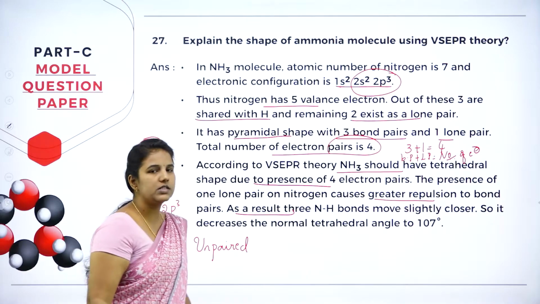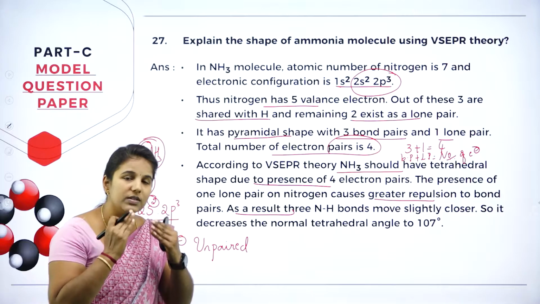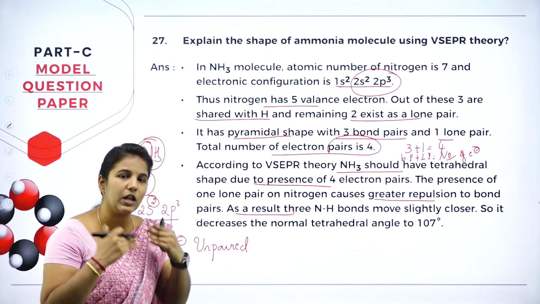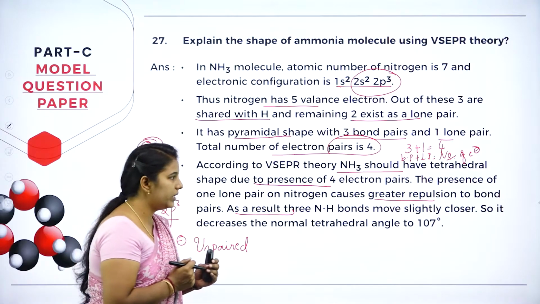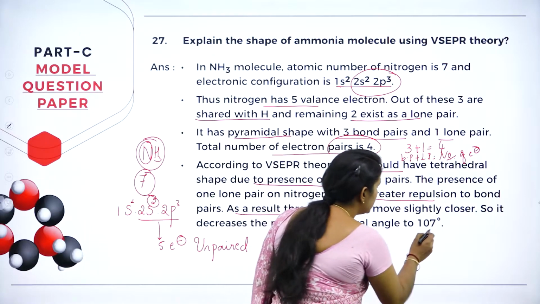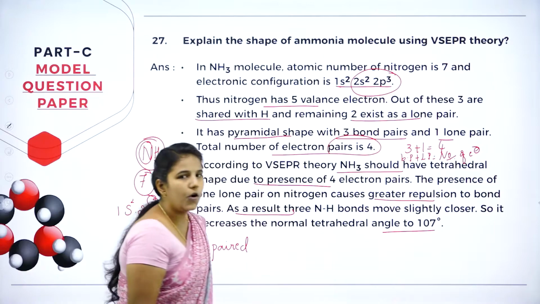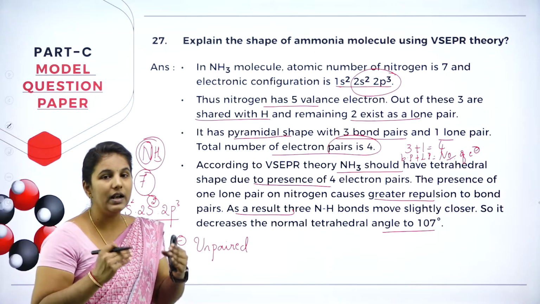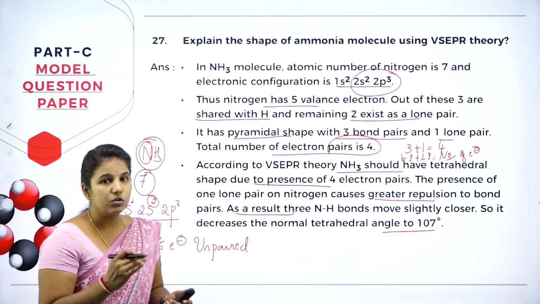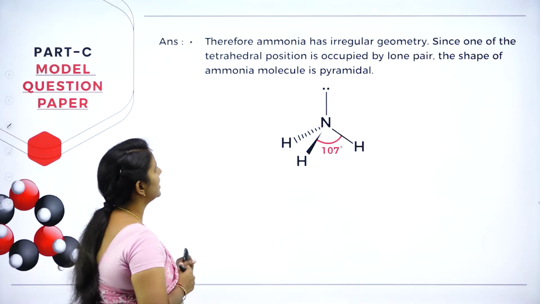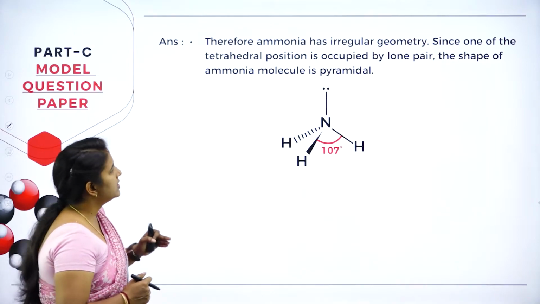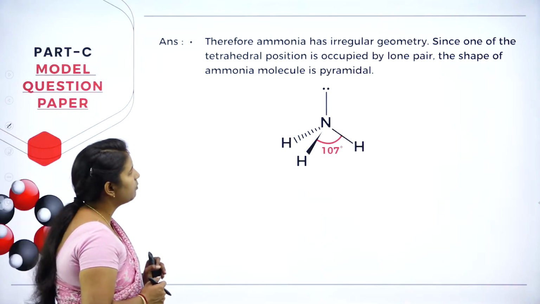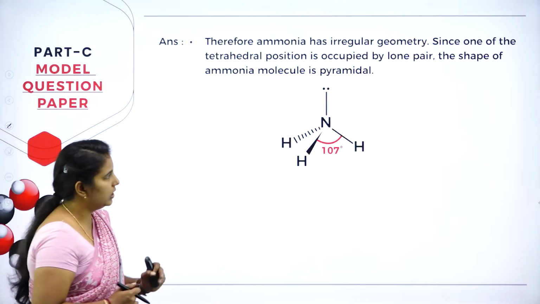As a result, the N-H bonds become closer to each other, and their bond angles also get distorted. So we can say that ammonia will have an irregular shape since one of the tetrahedral positions is occupied by the lone pair.